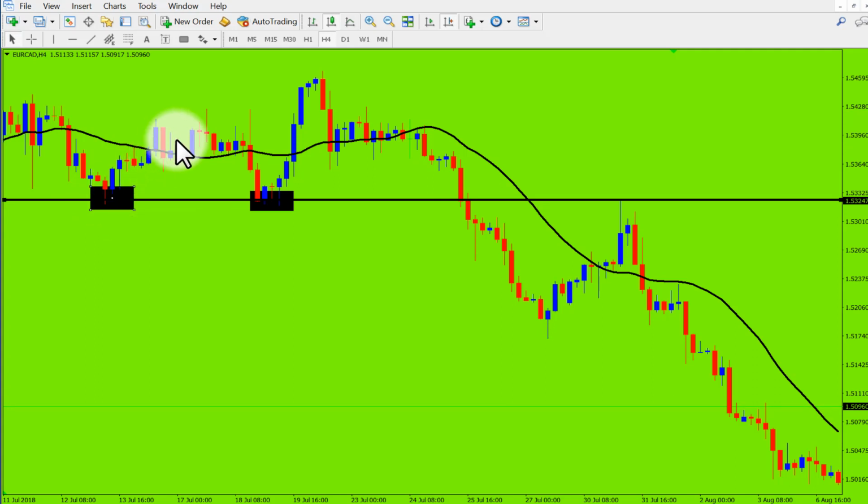But then from here to here, then again price come from here to here and makes a second bottom.